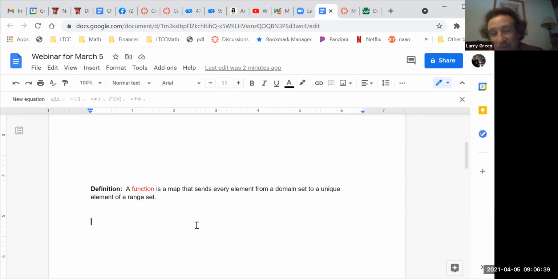So based on the vertical line test, is a circle the graph of a function? What do you think? Yeah, definitely not. The vertical line test, circles fail miserably, right? That's usually the first example you get when you learn the vertical line test, right?